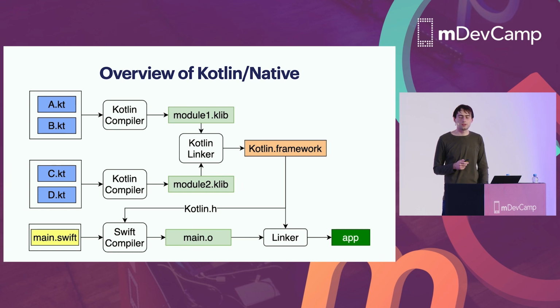Now there is a good point in time to mention that from this diagram, you can see that there is only a single Kotlin framework. You can technically create more than one. However, because they will be produced independently, these two will be incompatible with each other. Therefore, you will not be able to call Kotlin code from one framework to the other framework.